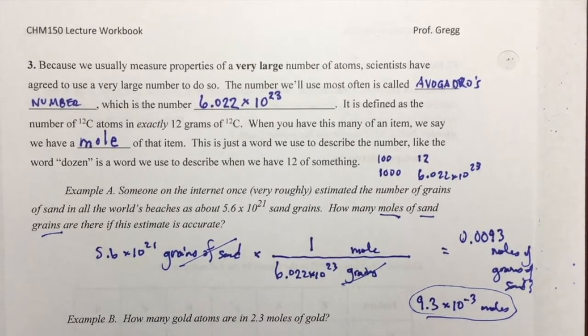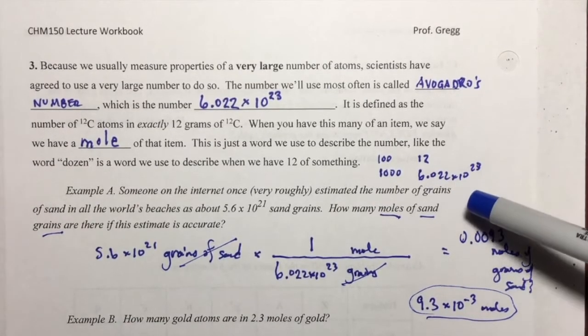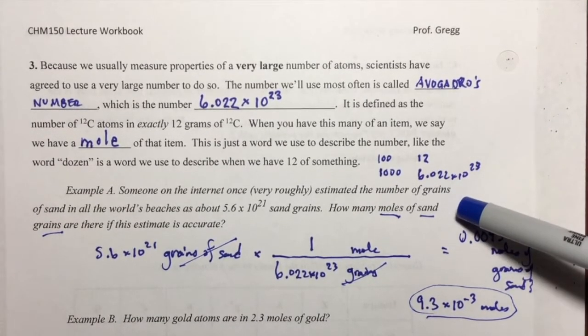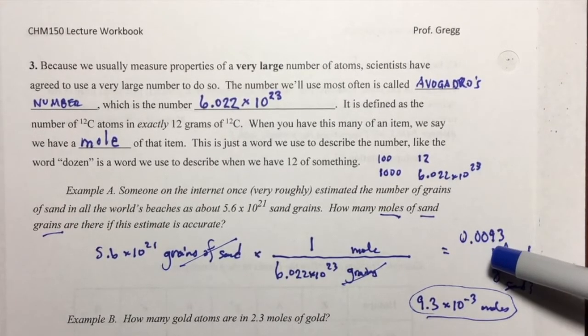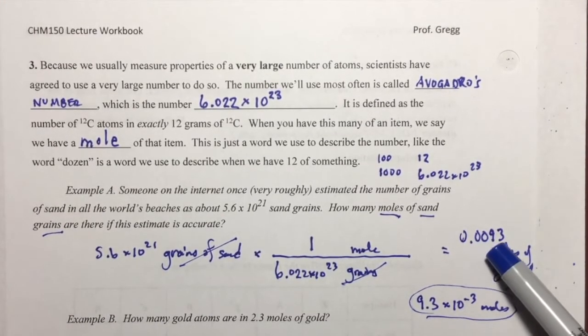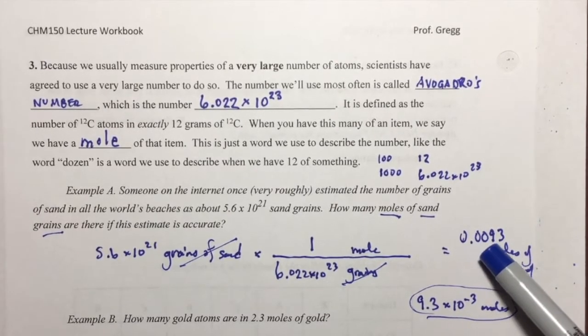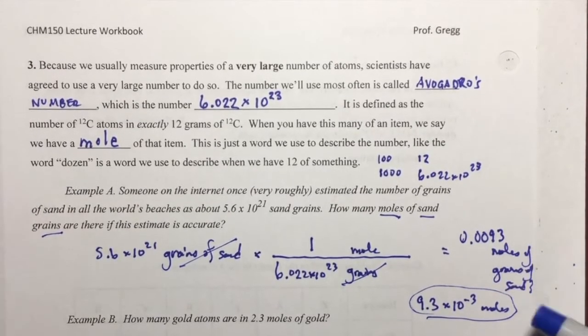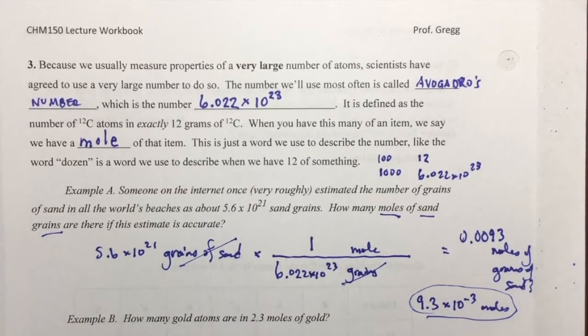It's also to help us begin to internalize just what an enormously large number Avogadro's number is. If you were to take all of the grains of sand in all of the world's beaches, you would get about 0.009, so about 1/100th or 9/1000ths of a mole of grains of sand.